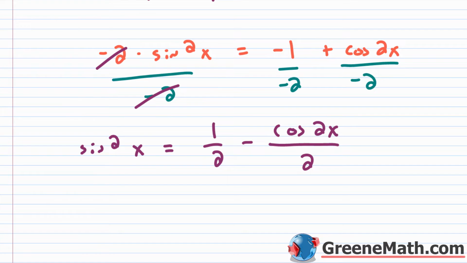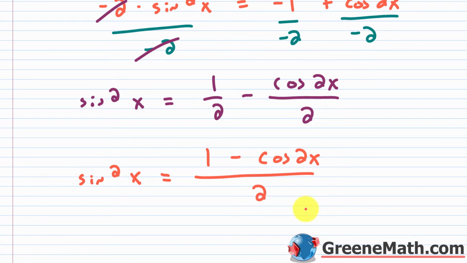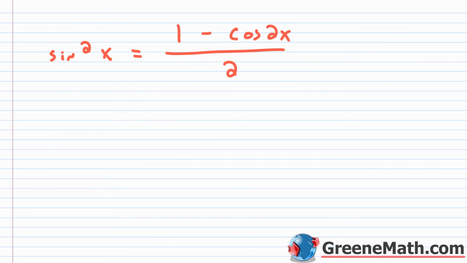So now what I would do from here is say that sine squared x is equal to, I'm going to write this with a common denominator, 1 minus the cosine of 2x over the common denominator of 2. Let's come to a fresh sheet here so we don't run out of room. So now I would just use my square root property.